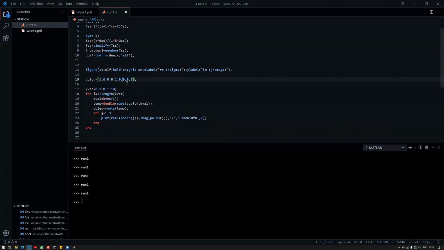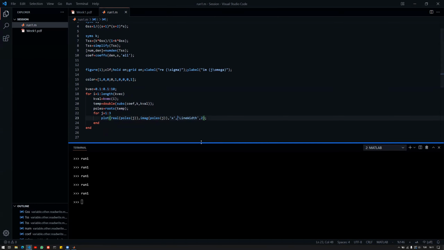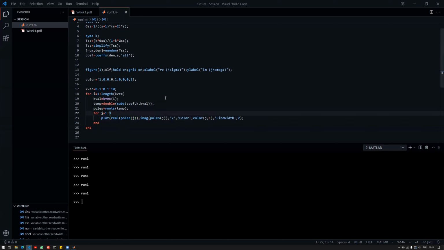And each row is a color. So therefore, I'm going to access this and change the color here. I need to choose the corresponding row and all the columns. So the ith row, or jth row in this case, and all the columns. So this should always take the first pole and give it the red color, take the second one and give it the green, and the third one blue.